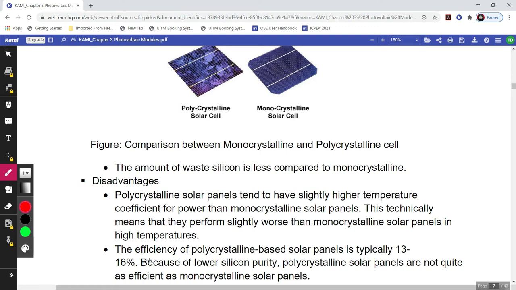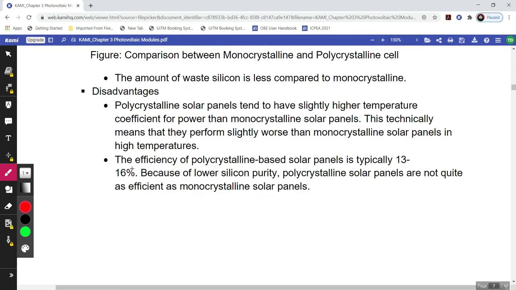This technically means that they perform slightly worse than monocrystalline solar panel in high temperature. And the efficiency of polycrystalline based solar panel is typically between 13 to 16%. Because of lower silicon purity, polycrystalline solar panel are not quite as efficient as monocrystalline solar panel.